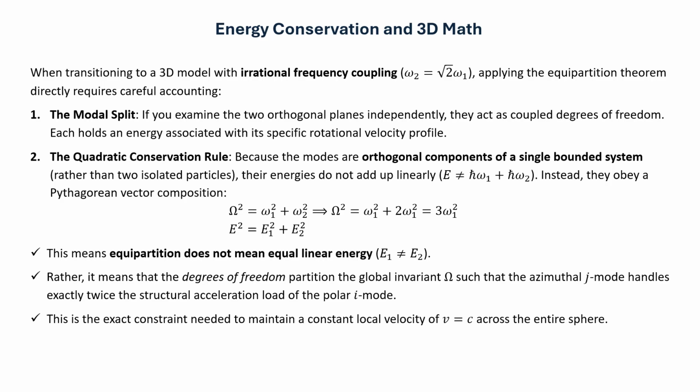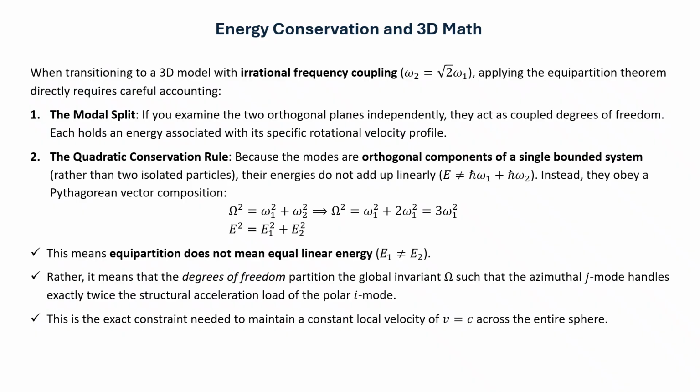We can't say the energy is equal to the energy of the first oscillation, h bar times that frequency, plus h bar times that second frequency, so 2 energies given by the Planck-Einstein relationship. We must look at a Pythagorean vector composition for the frequency and for the energy.